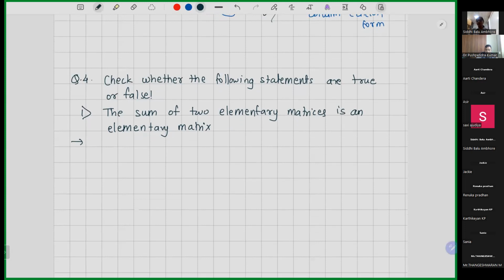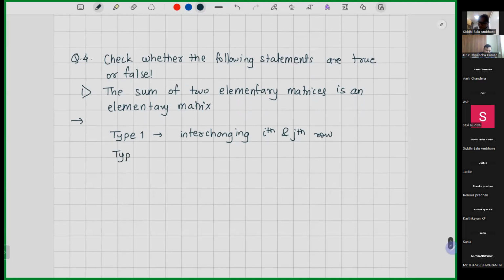So elementary matrices, if you remember, there are three types. Elementary matrices are obtained by applying just one elementary row operation. That is the definition of an elementary matrix. There are three types of row operation, so there are three types of elementary matrices also. Type 1 is obtained by interchanging the ith and jth row.